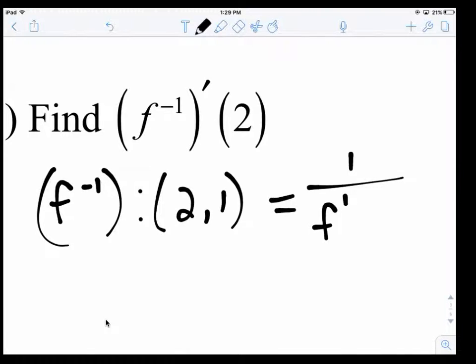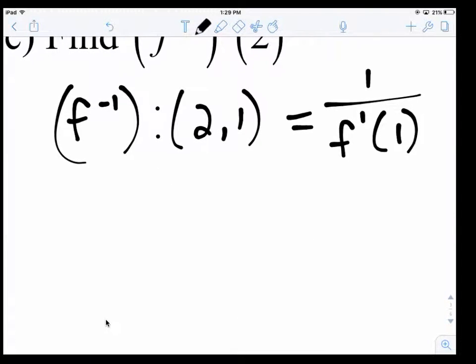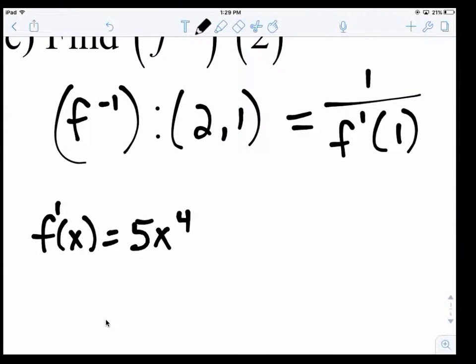What was the corresponding point with the original? 1, right? Good. Now all you need to find is f prime of 1. So f prime of x, we know, is 5x to the 4th plus 2. So f prime of 1 is 7.